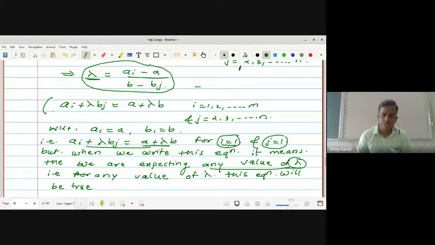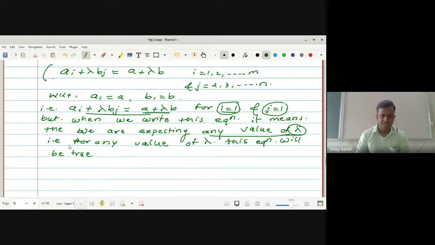For i is equal to 1 and j is equal to 1. Okay, but when we write, look at it. That is for any value of lambda, this equation will be true.